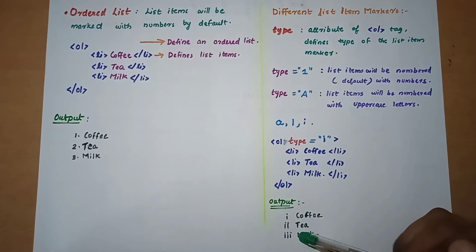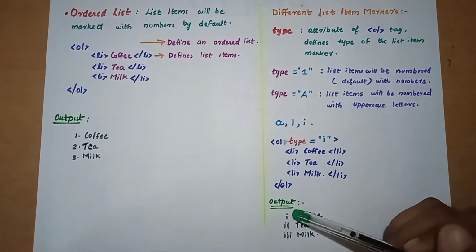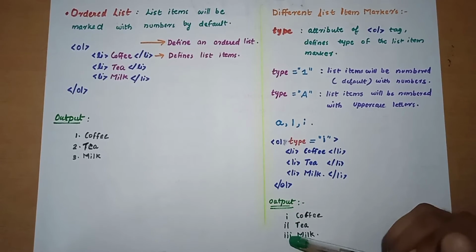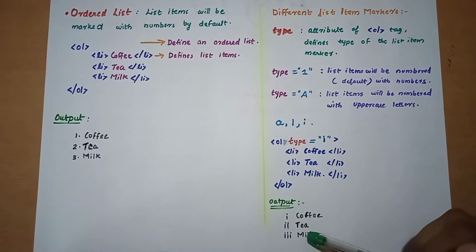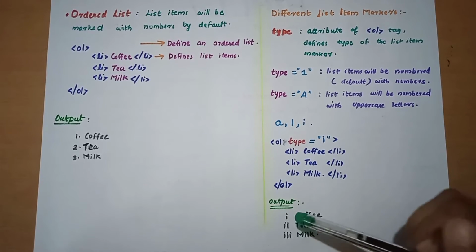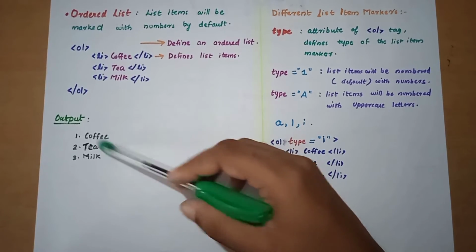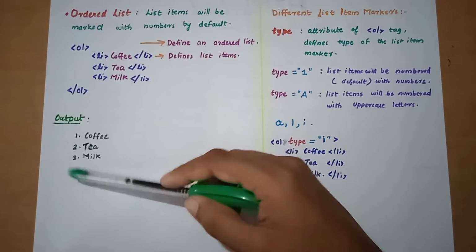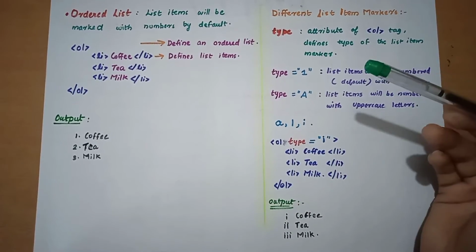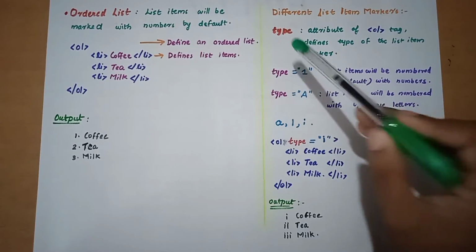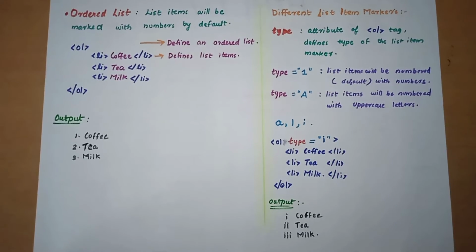Every list item is numbered i, ii, iii in small Roman numerals. By default it numbers 1, 2, 3, but if we need any change, we can use the type attribute.